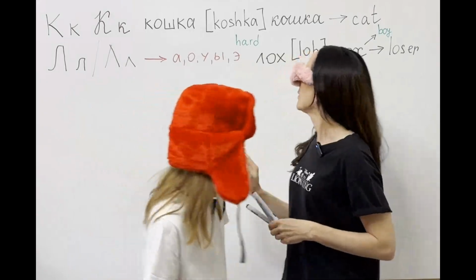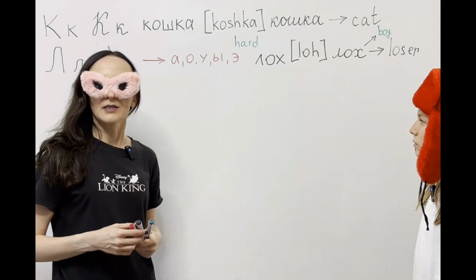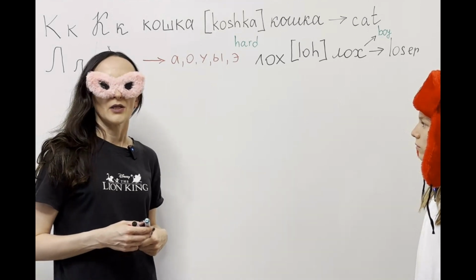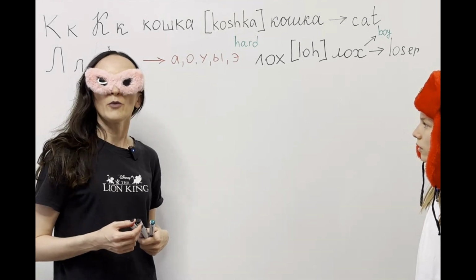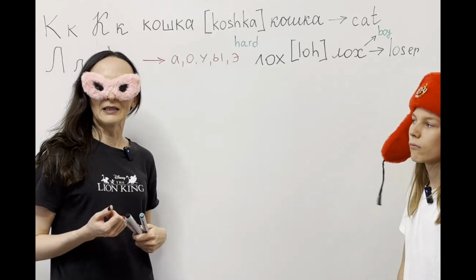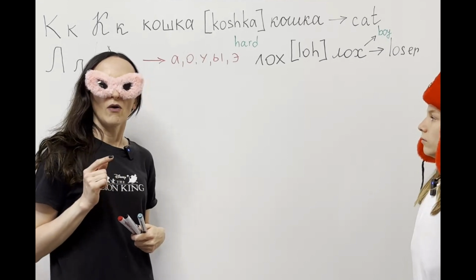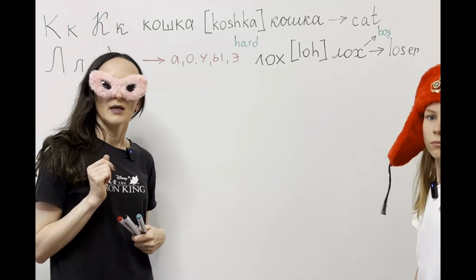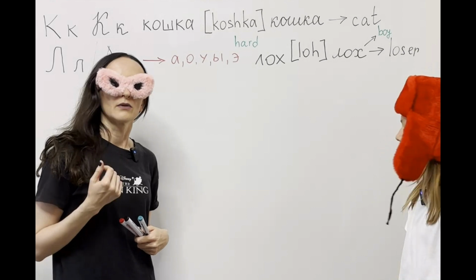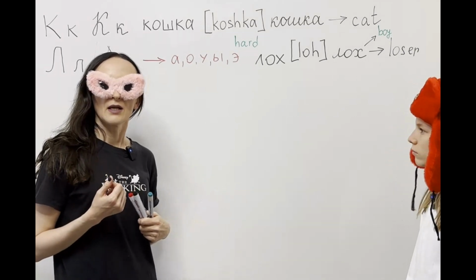If you want your L sound hard, you put the tip of your tongue behind the front teeth. L. In English, you put it on the bump inside your mouth. So I want you to feel the difference.